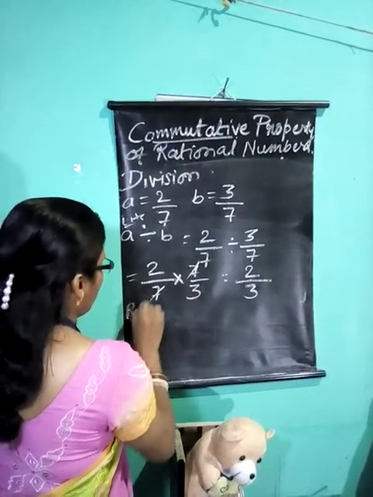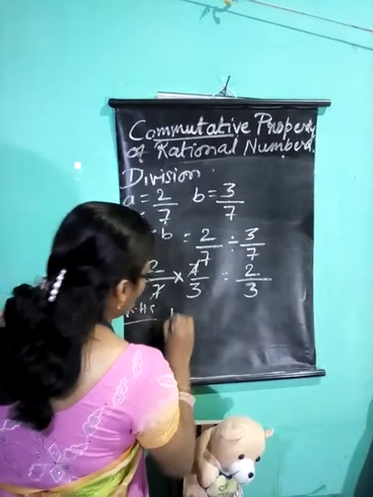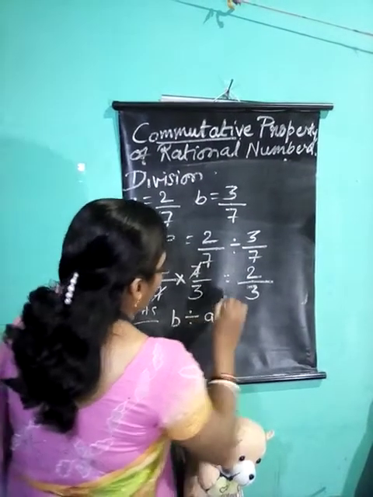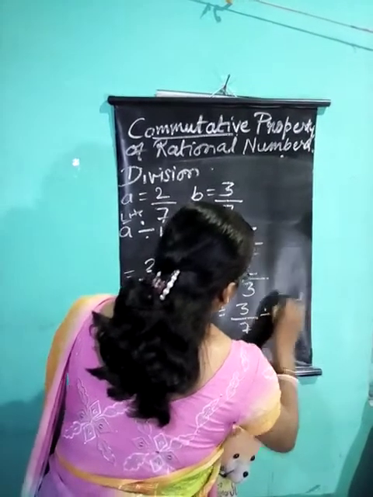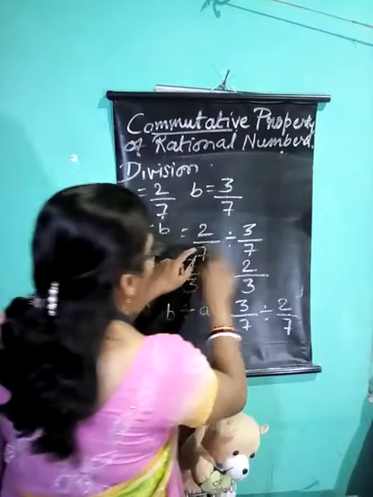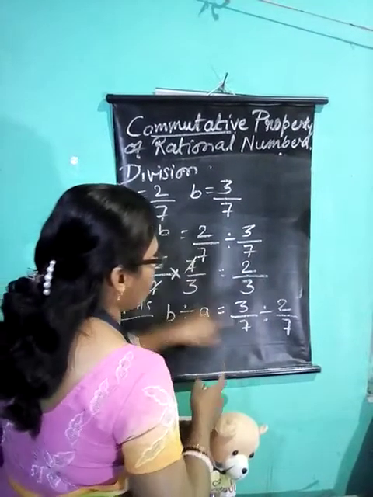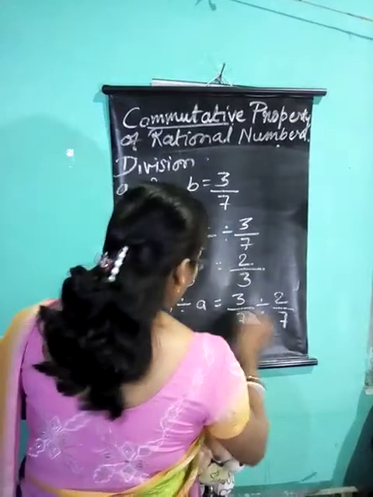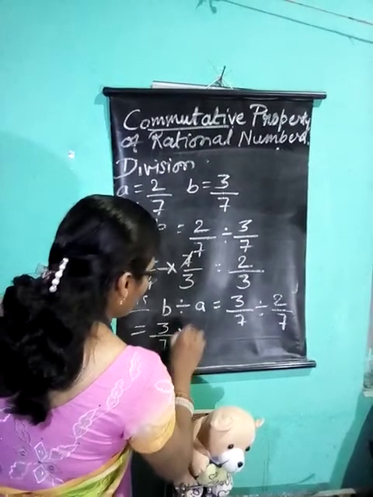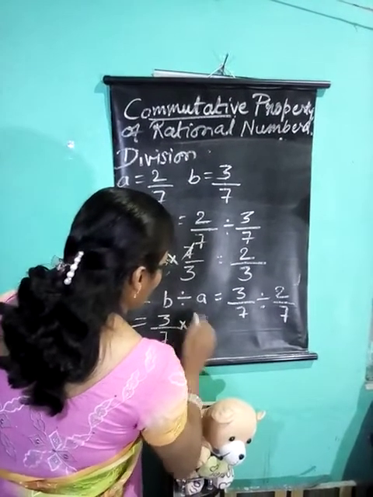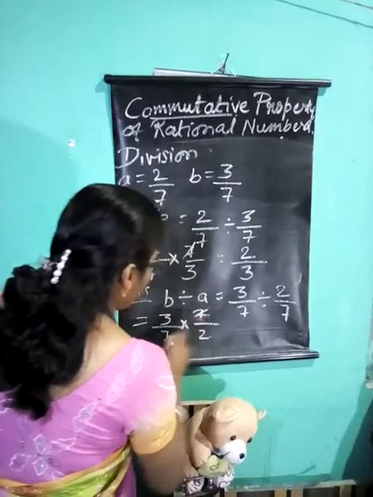Now RHS. RHS is B divided by A. B divided by A means 3 by 7 divided by 2 by 7. See, we are just changing the place. In place of 2 by 7, we are writing 3 by 7. Now you get 3 by 7 into 7 by 2. 7 and 7 cancel.